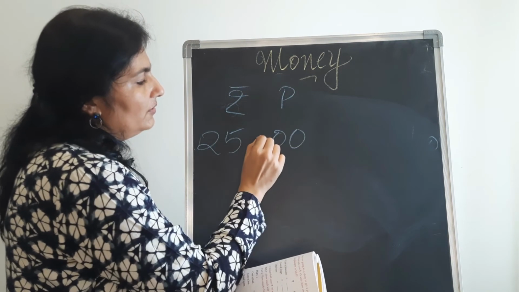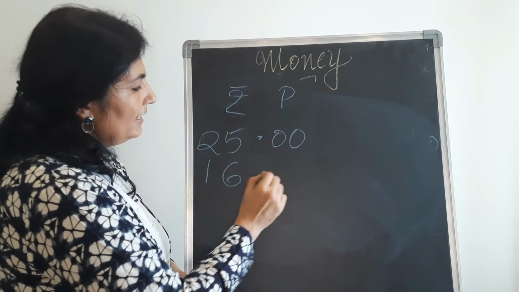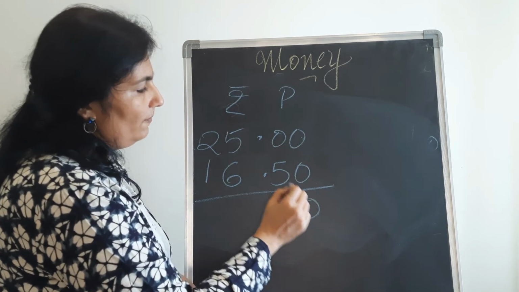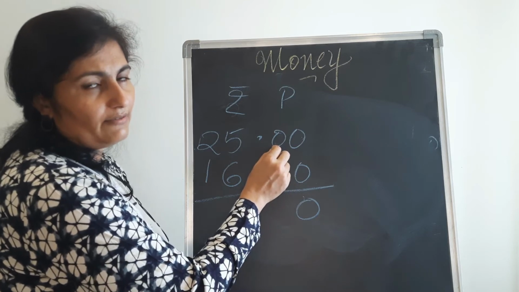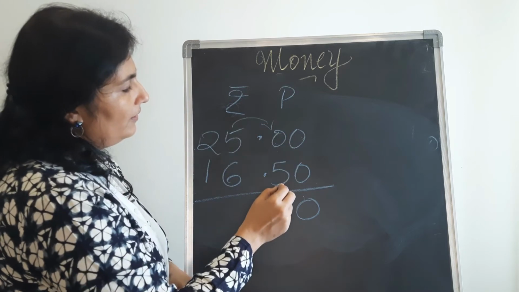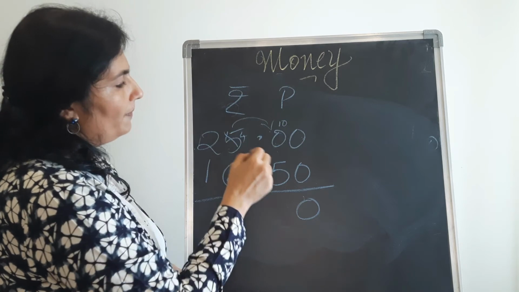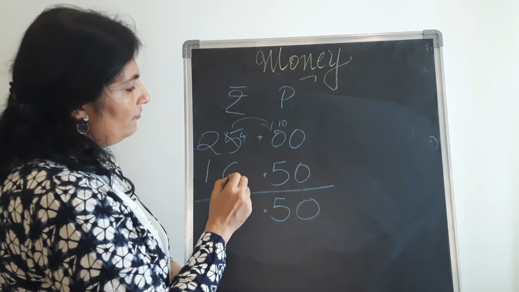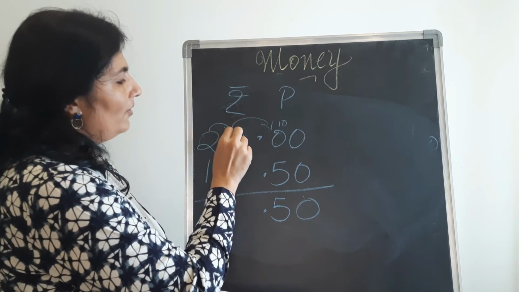25 dot, and the cost of the cake is 16 rupees 50 paise. So here 5 will not go, we cannot subtract 5. So we go to the next room. Let's borrow. So this becomes 10. This becomes 4. So 10 minus 5 is 5 dot. Here 4 minus 6, again we can't do. So again we borrow.